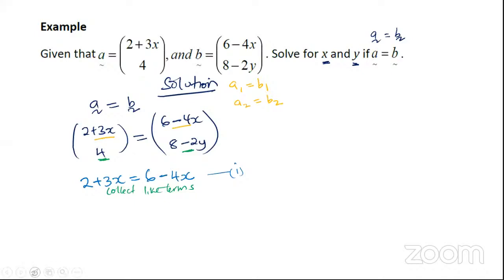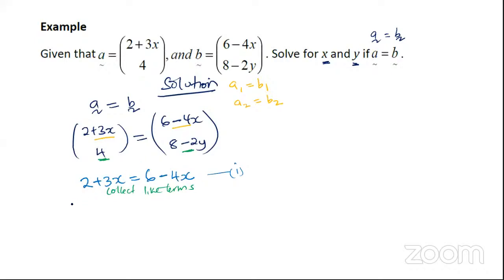So we are going to collect our like terms. The 6 comes this side and the 3 goes the other side.